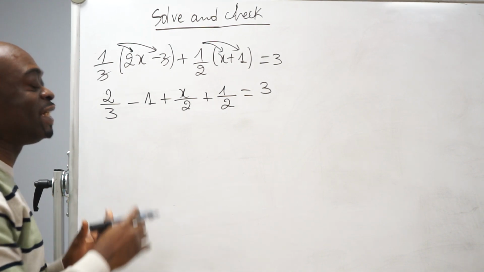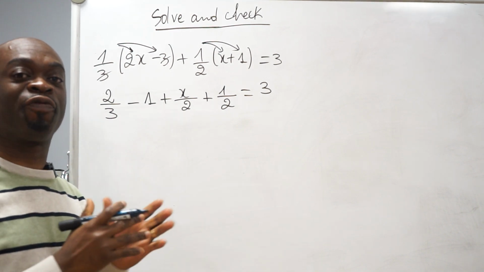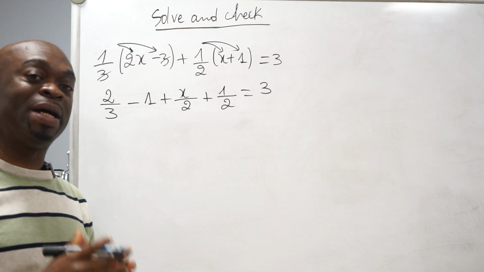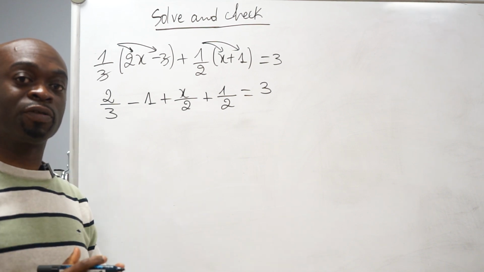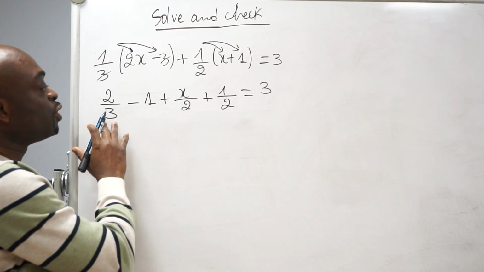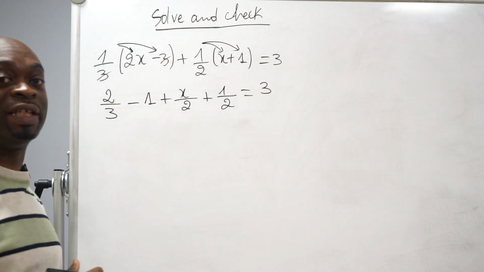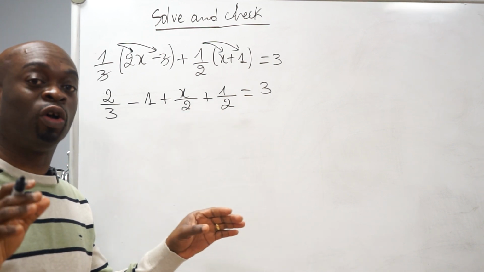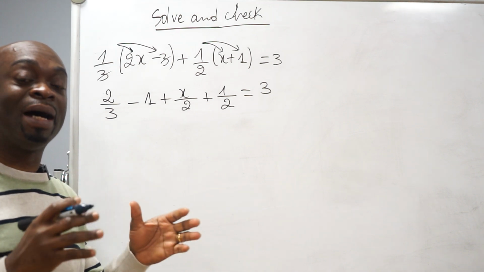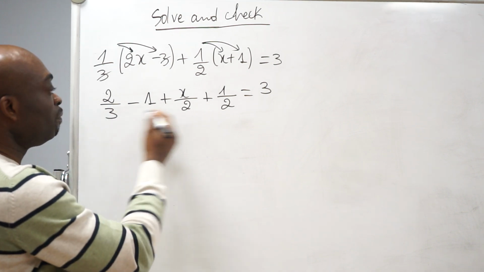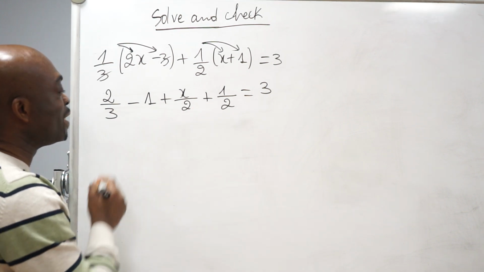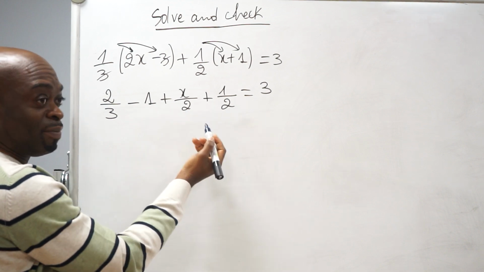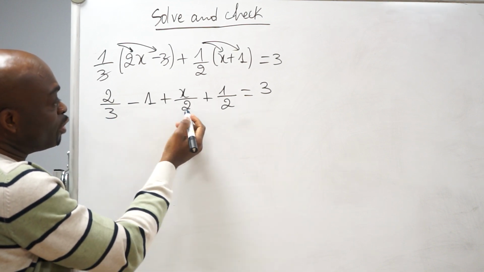And then now we're dealing with an equation that has fractions around. So the best thing to do to make your life a lot easier is to try to get rid of the denominators. But before you do that, it's better to find a common denominator for all of them. So that means the lowest common denominator. And the lowest common denominator in this case, we're dealing with 3, 2, 2 is the same numbers. So that means we're dealing with 2 and 3.